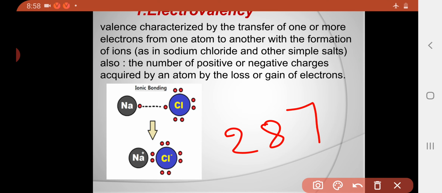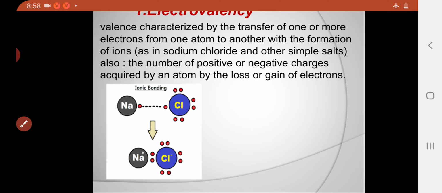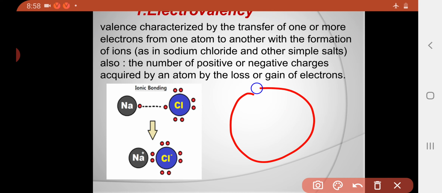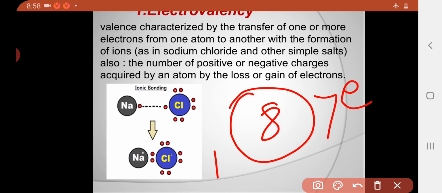To become stable, chlorine needs one electron. But sodium contains only one electron in its outer orbit, and stability needs 8, so it would need 7 more electrons.